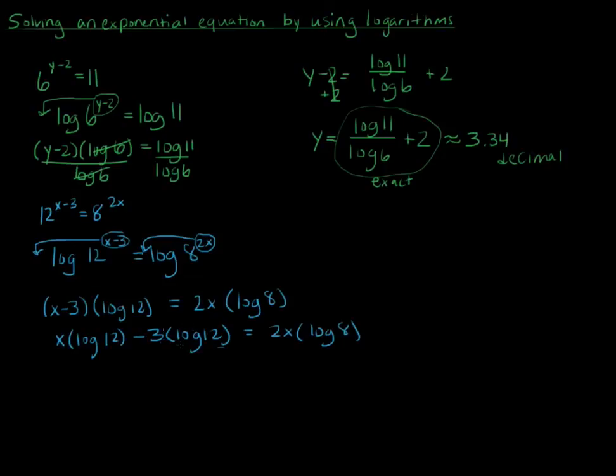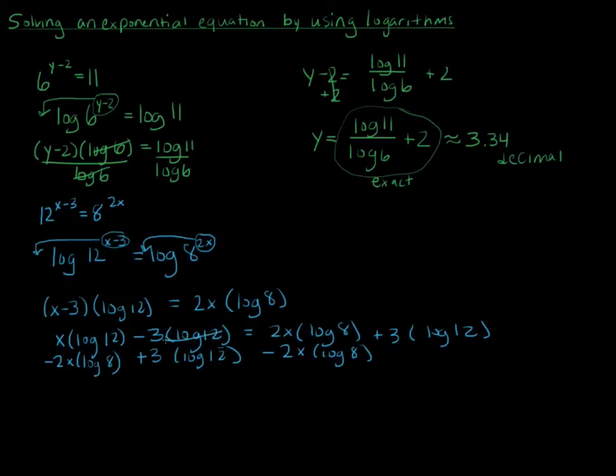So over here, let's add 3 times log 12 to both sides, and then let's take away 2x times log 8 from both sides.